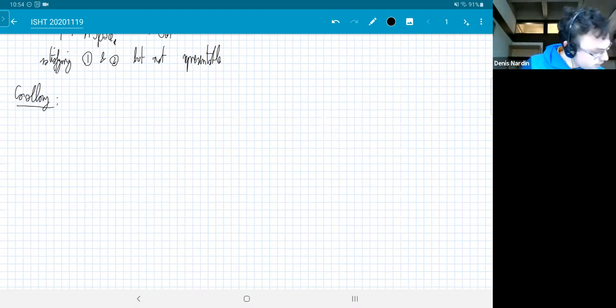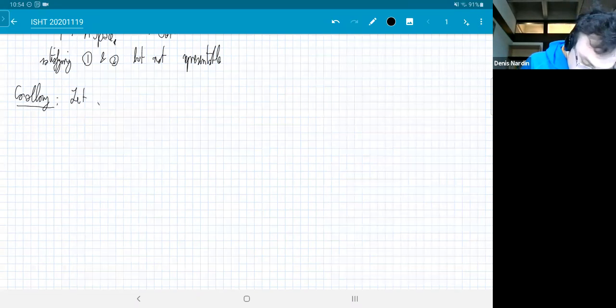So as a corollary, let E upper star delta be a cohomology theory.